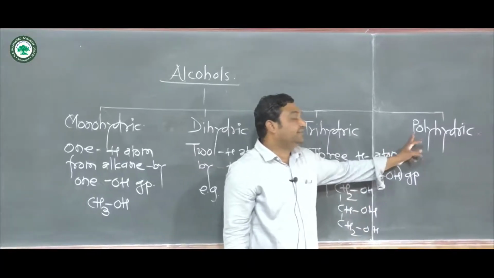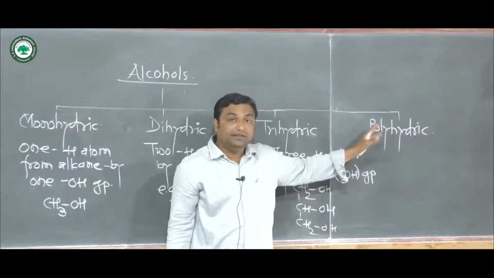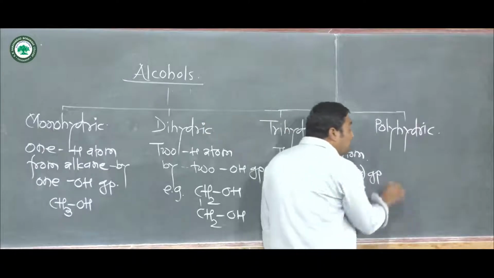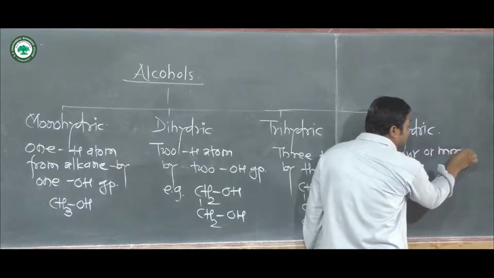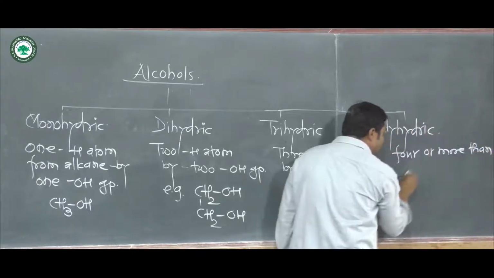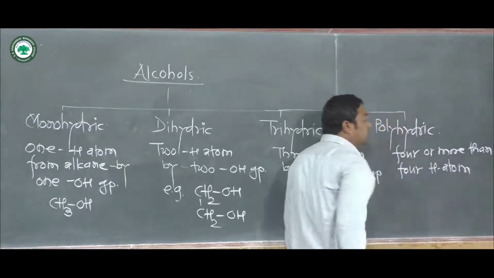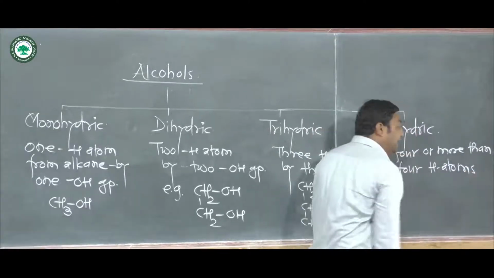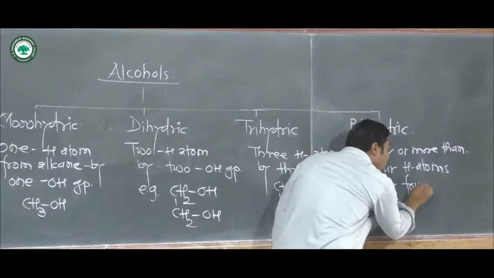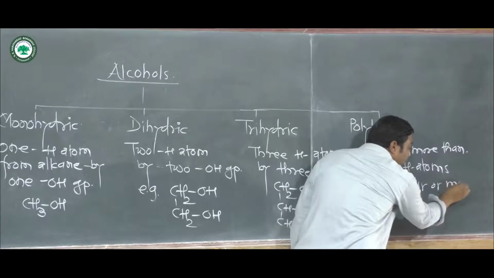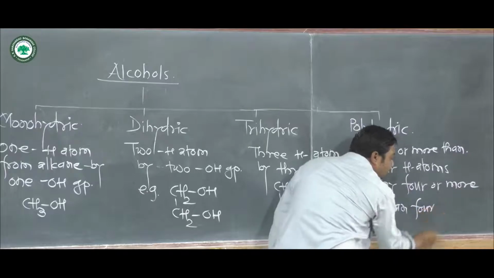Now the last type of alcohol is polyhydric alcohol. In polyhydric alcohol, four or more than four hydrogen atoms of an alkane are replaced by four or more than four OH groups.